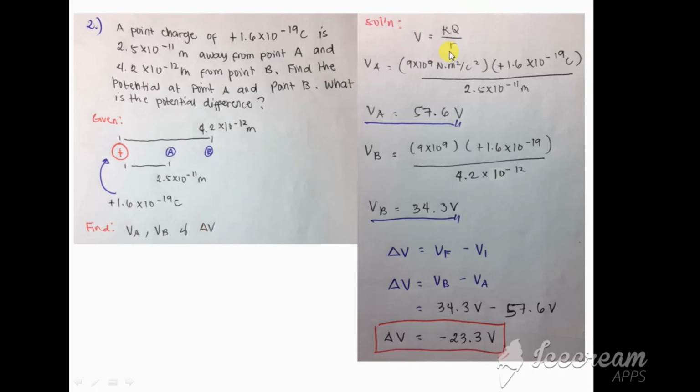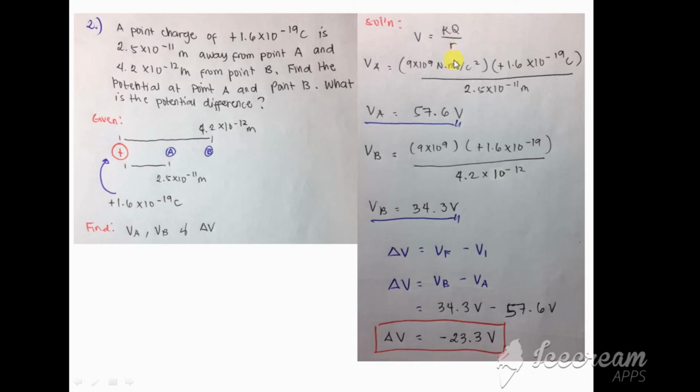Now using the formula, we can solve the electric potential of A and B. So the formula is, of course, again, electric potential equals the Coulomb's constant times the charge over the distance.